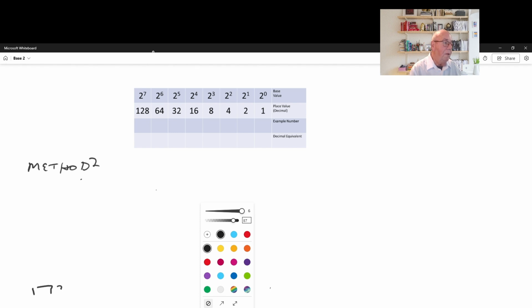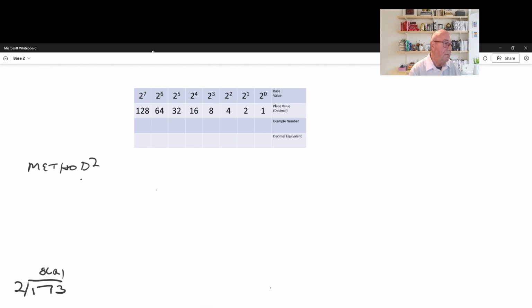Let's do 173. 173 divided by 2 is equal to 86 with a remainder of 1. So I'll put that 1 up here. 86 divided by 2 is going to be 43 with a remainder of 0.